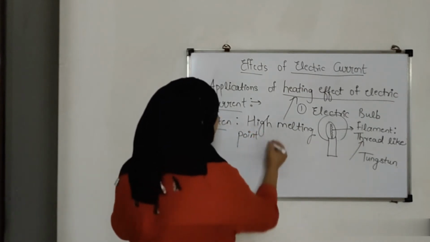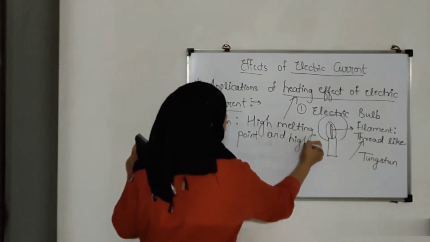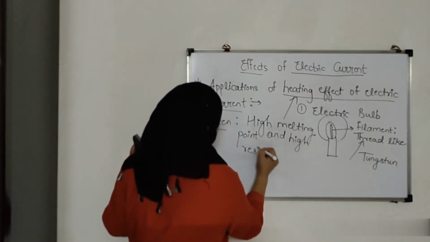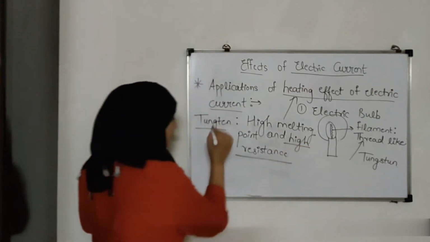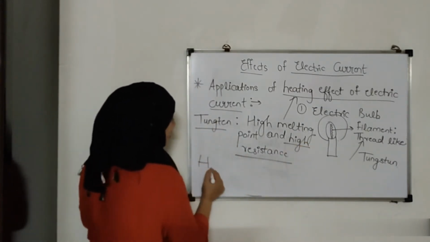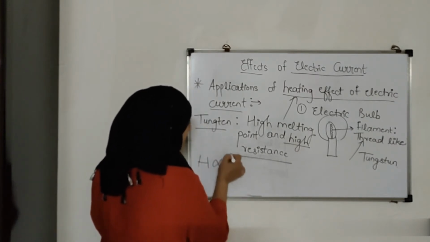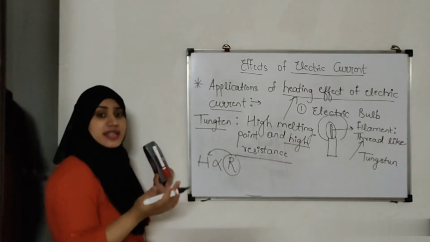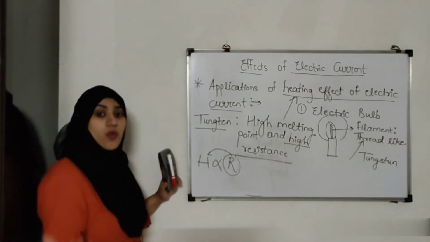High melting point and high resistance. This is very important. We have seen in our previous video, heat produced is directly proportional to the resistance. The higher the resistance, the more is the heat. More heat is produced means it's going to emit more light.